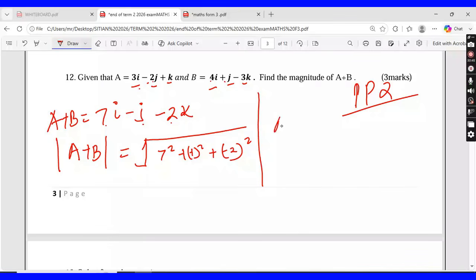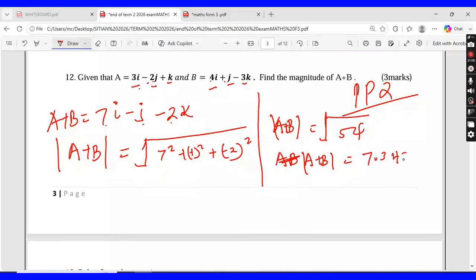So the modulus of A plus B is equal to the square root of 54, which finally will be 7.348.